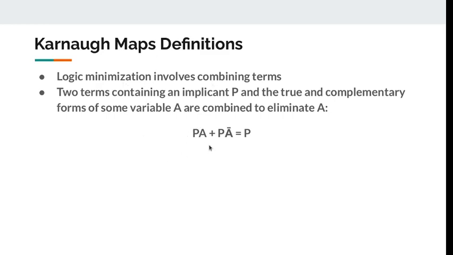So, for example, we have here two implicants, P and A, and P and complement of A. And we know that we can group those two implicants together to eliminate the variable A. So if we have complementary forms here, like A and complement of A, we can eliminate this term, and we group these two implicants just with the term P.